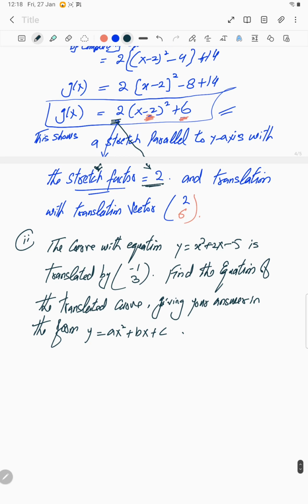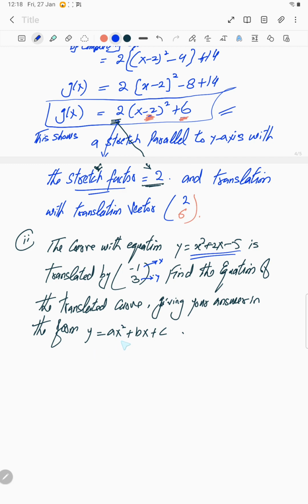Okay, again let's start the solution. The curve is in this form, and is translated by this vector. This means minus 1 along the negative x-axis, and here positive along the y-axis. Negative x means you need to move towards the positive direction. So what to do here?